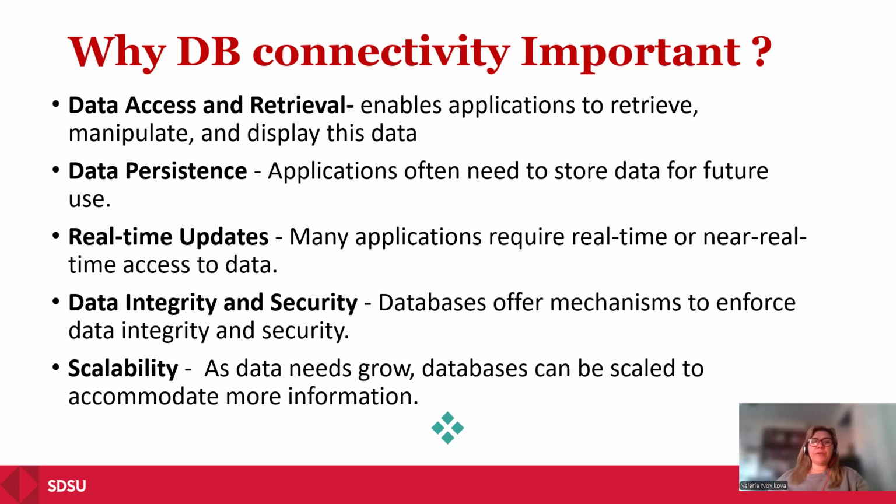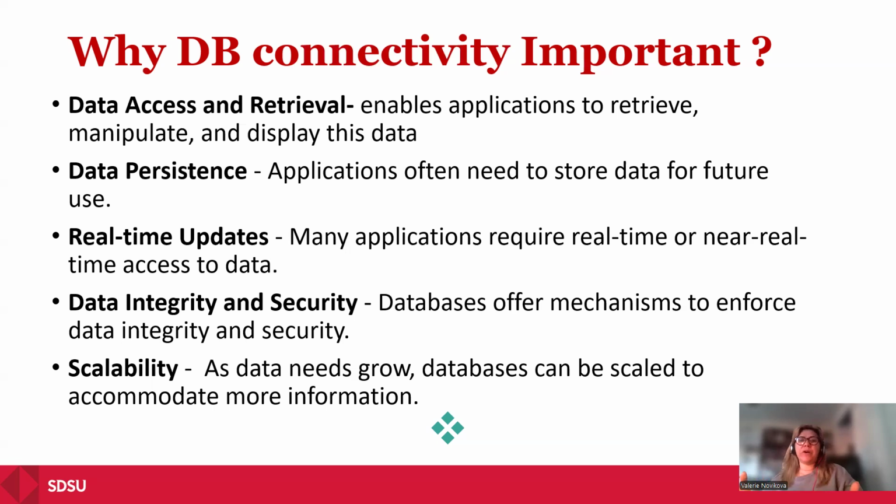It's also important for data integrity, security, and scalability. And we talked about scalability in the past. So scalability is the ability to support data growth in the system, which is vertical scalability, or to expand the types of data we store in the database.